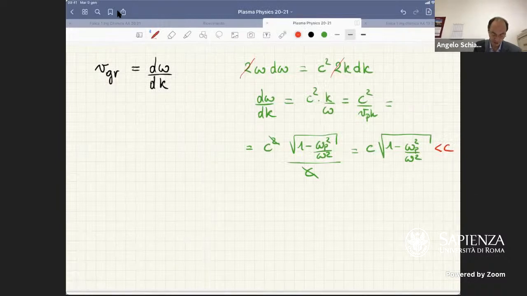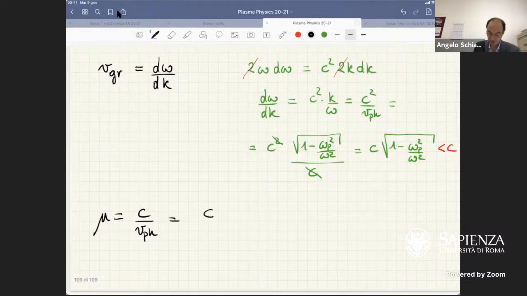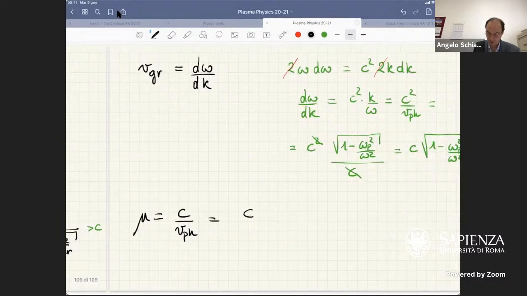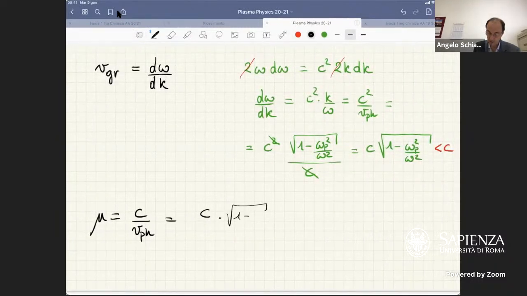So mu equals c divided by the phase velocity, which, as we just did, is the square root of 1 minus omega p squared divided by omega squared.